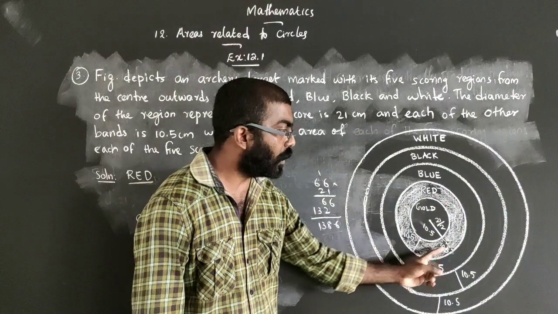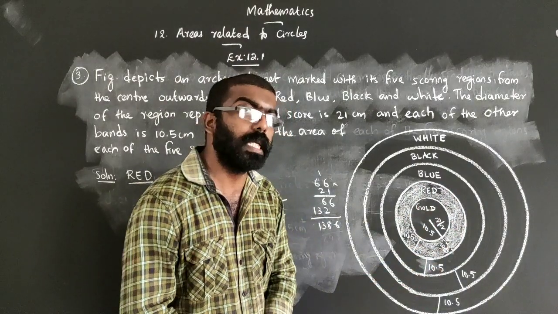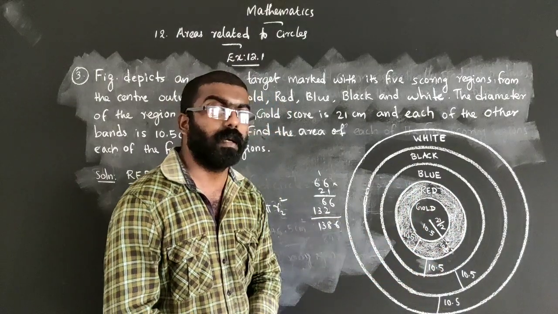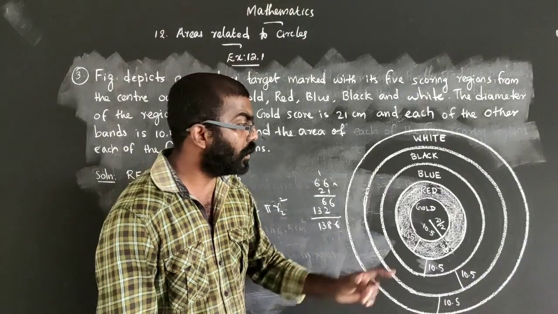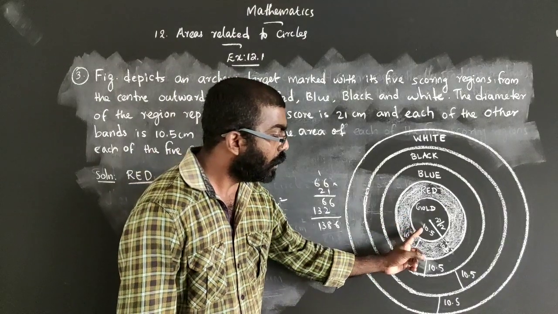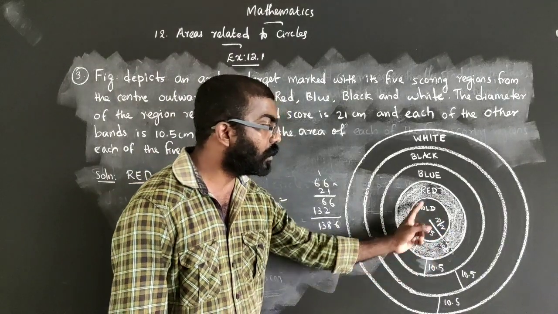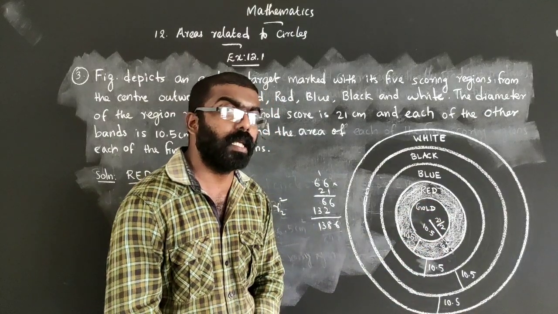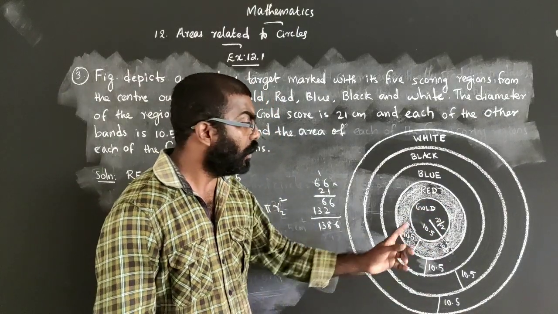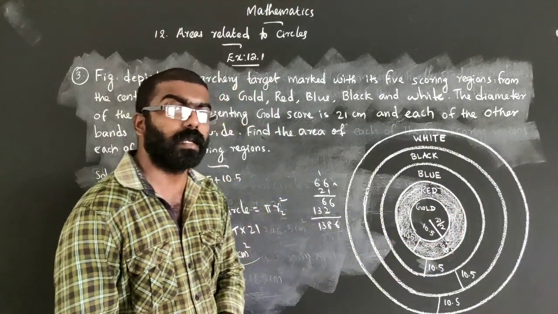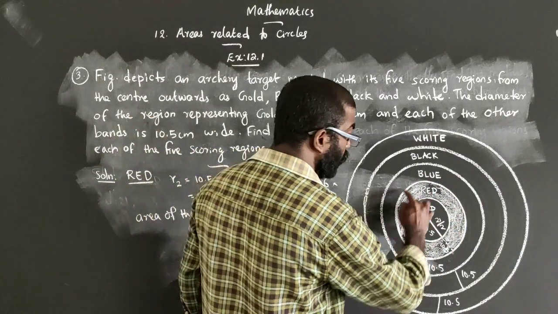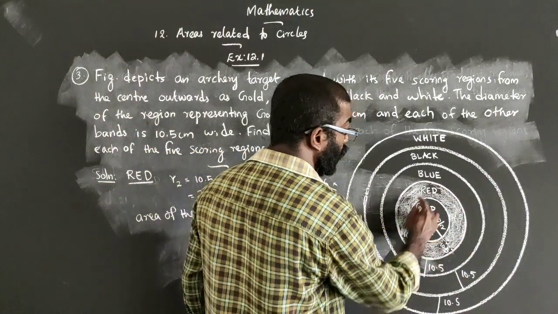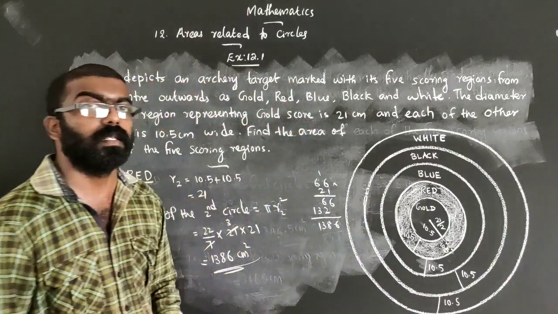This shaded part is the area of the red scoring region. And how can we find the area of this part? We have to subtract the area of the gold score region. That means area of the first circle from the area of the second circle. Or we can say area of this larger circle minus area of this smaller circle.